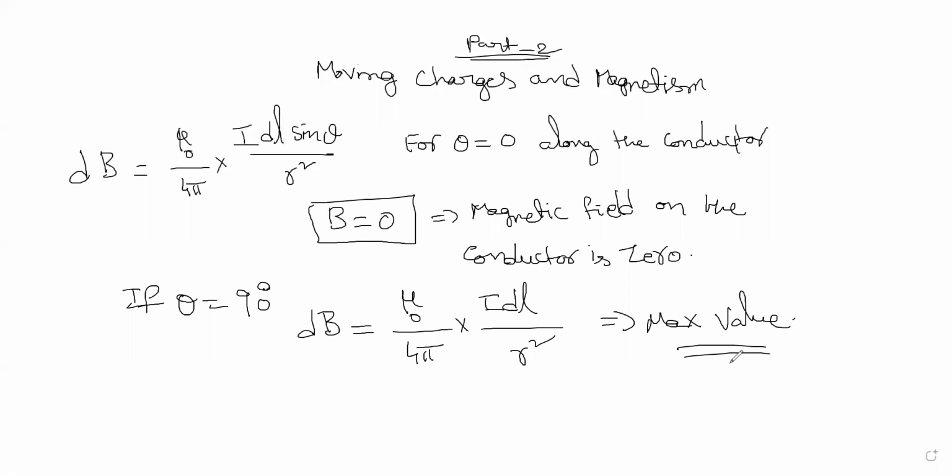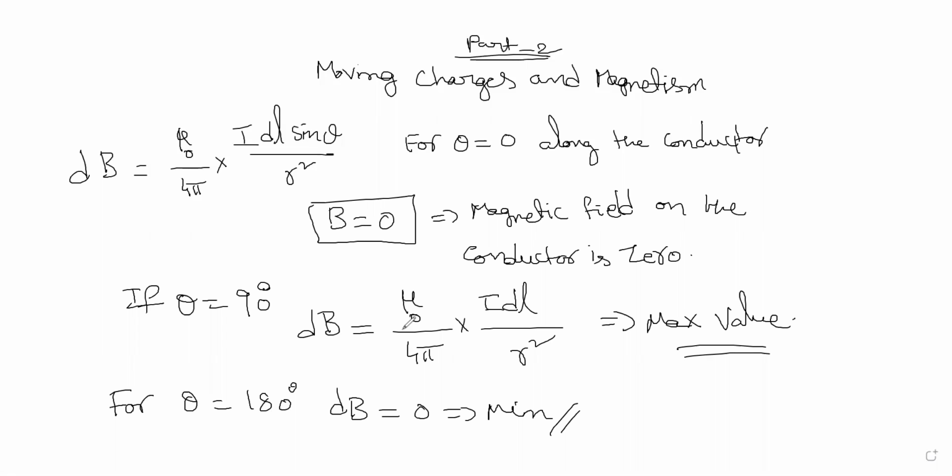This is the very basic fundamental stuff. And for theta equal to 180 degrees, the value of dB is 0, which is the minimum. So here are the three conditions you can have using moving charges and magnetism. That's part 2.